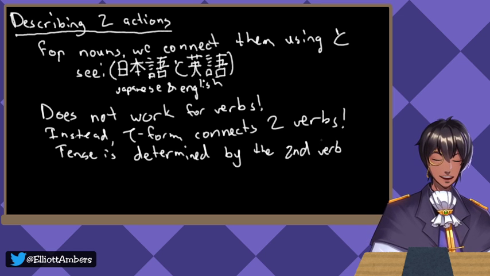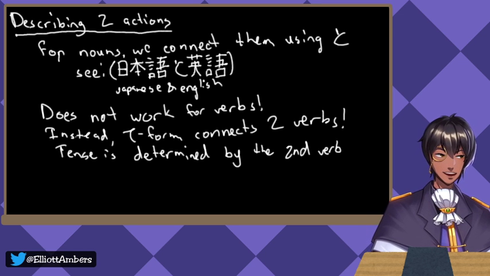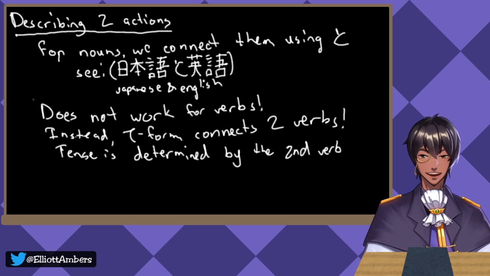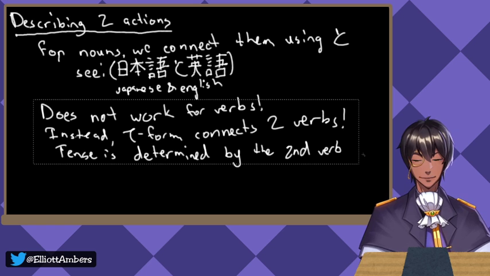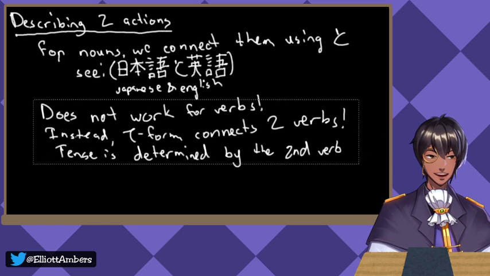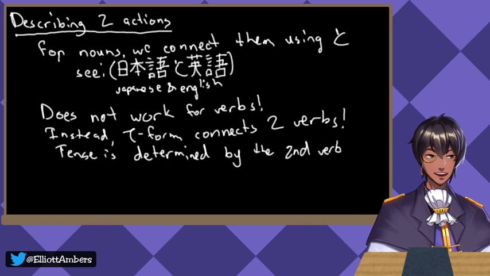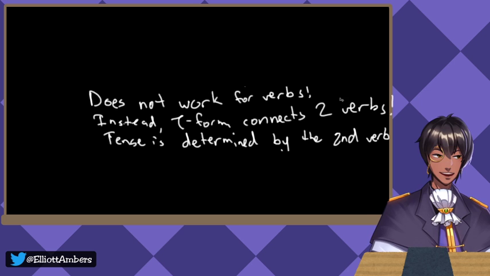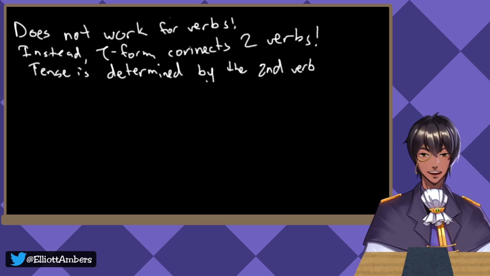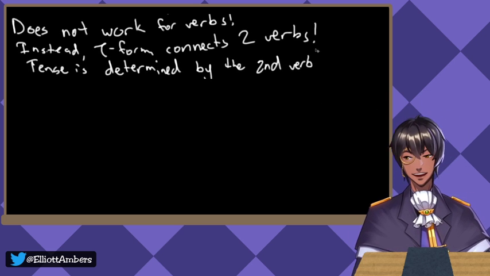And let's look at two examples of this, because this is something that you'll probably need multiple examples to see. So let's take this, and I want to copy this into the next layer. And let's go to the next layer. The te form connects two verbs, and the tense is decided by the second verb.